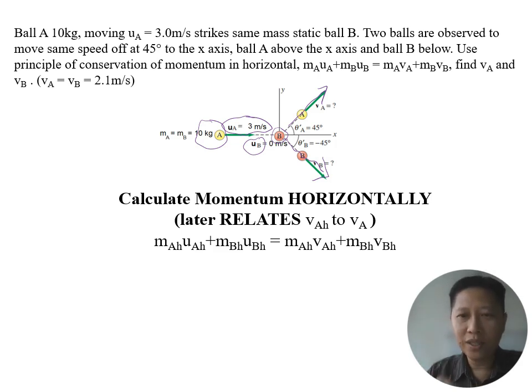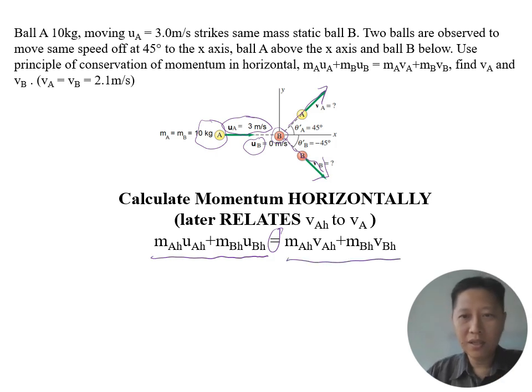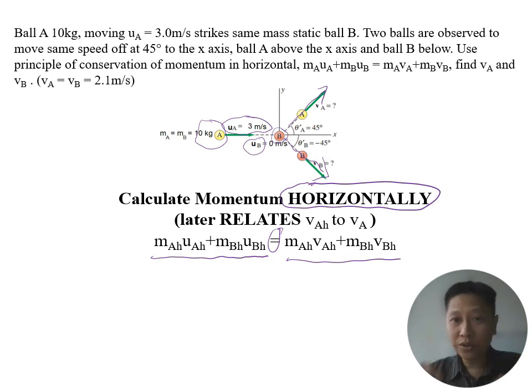Okay, let us use the conservation of momentum to solve the problem. It says that the momentum before collision will be the same as after. Only that for this case it is difficult because there's a 45 degree angle. To solve this problem, we need to calculate based on their direction. We choose the horizontal direction to study for this momentum equality. Later on, we are going to resolve it to get the actual velocity that we want at 45 degrees.